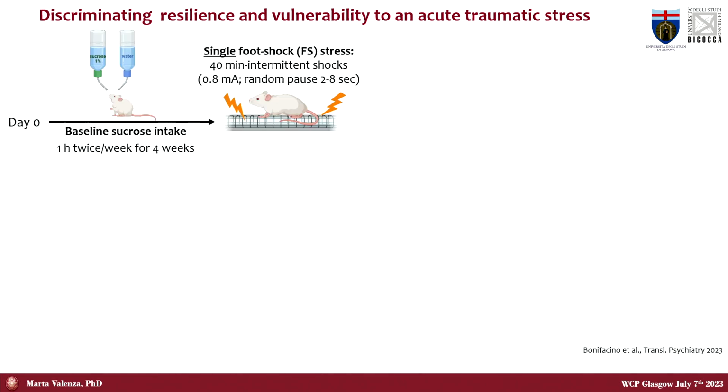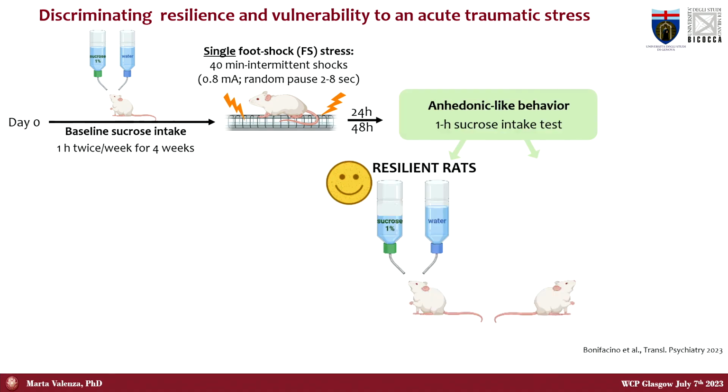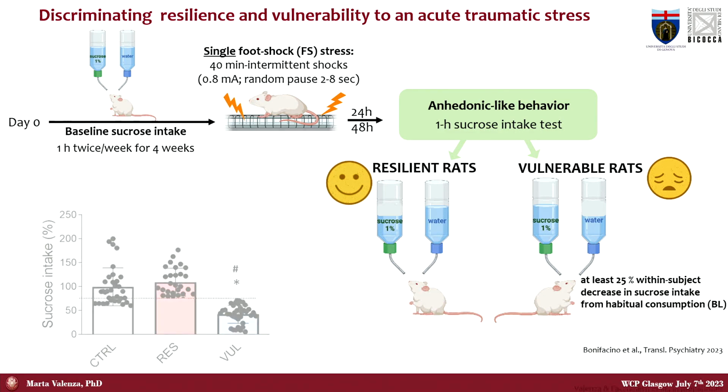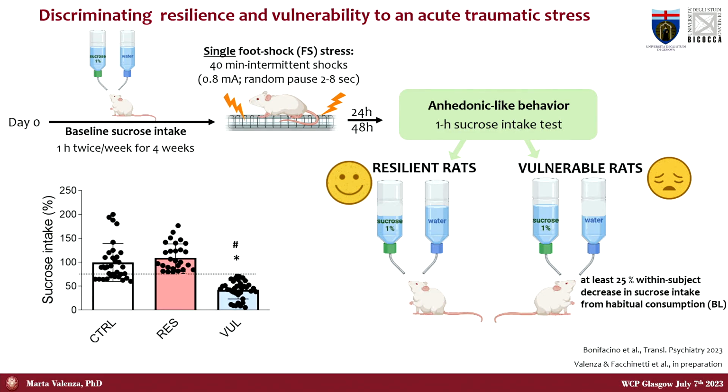So we exposed rats to a single footshock stress and measured their anhedonic-like behavior afterwards by sucrose preference test. And by comparing the rats' intake after stress to their habitual pre-stress consumption, we identified the group that was most affected by the acute stress as the vulnerable group.